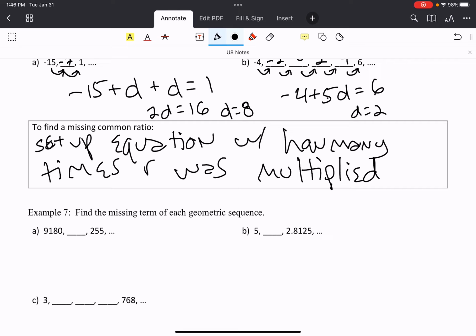So on this one, R was multiplied twice, right? So 9180 times R is 255.